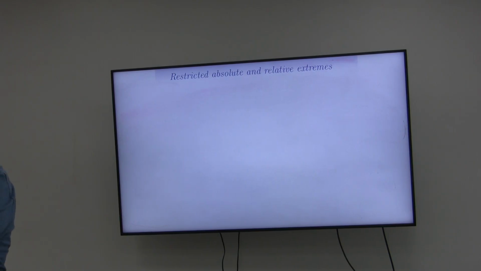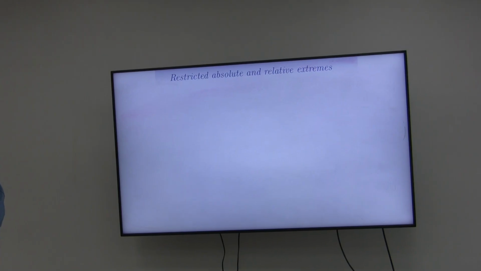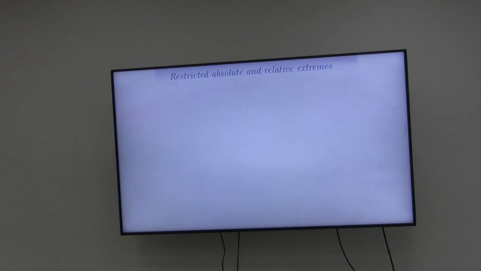If your domain is closed, compact, meaning closed and bounded, then determine first the interior probable points, and then determine the boundary points, substitute in your function, and from this start to identify the highest value of your function, which is going to be the absolute maximum. The lowest is going to be the absolute minimum, or the global maximum and the global minimum.